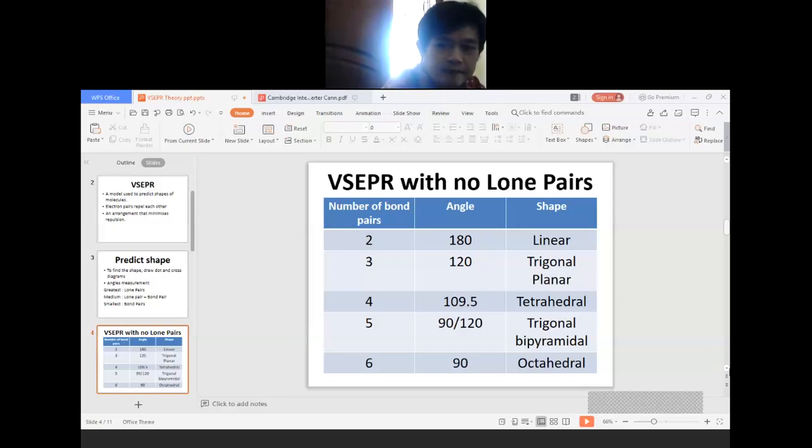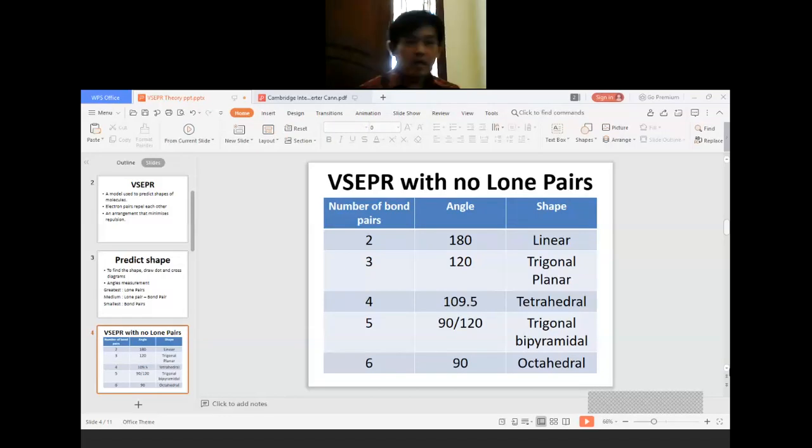Okay, and then with five electron pairs and no lone pairs, it is trigonal bipyramidal. It has angles of 90 and 120. So 90 slash 120 doesn't mean 90 or 120, but 90 and 120.